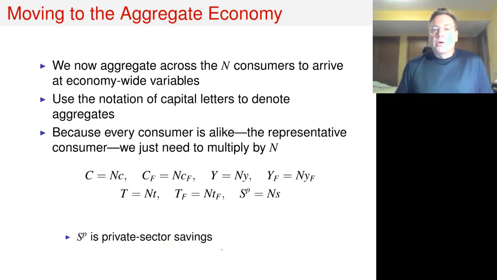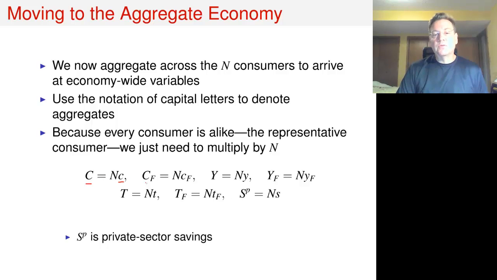Now, let's assume that there are n of these identical consumers. We're now going to use capital letters to denote the aggregate quantities. Because we have a representative consumer, to get to the aggregate current consumption, we just take the individual's current consumption and multiply by n.